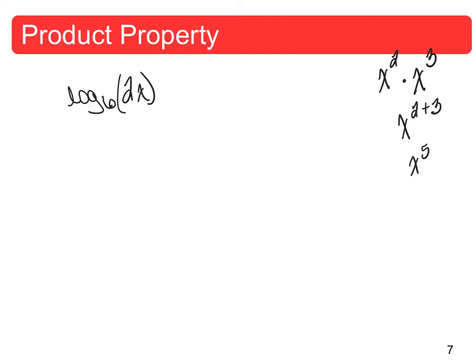So I am going to separate this. I am going to find log base 6 of 2, and then I'm going to find log base 6 of x. Okay? So I have log base 6 of 2, and I add that to log base 6 of x. Now, we could also have it as a natural log.